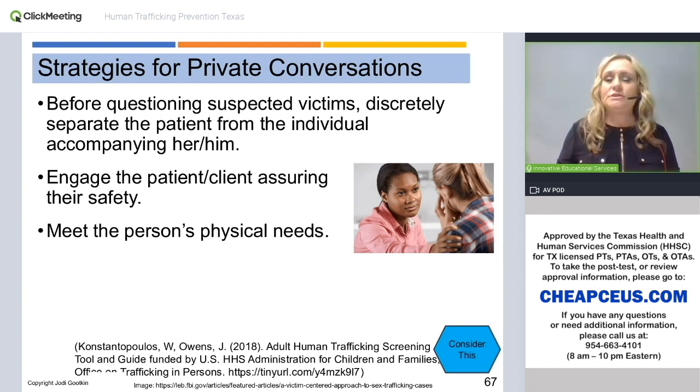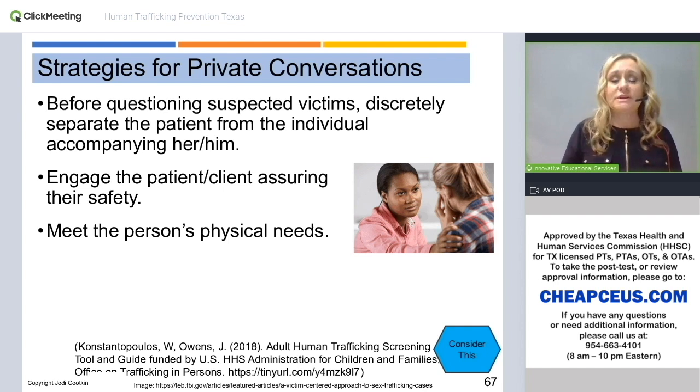You need to do this in a discreet manner, maybe by saying you need to take a urine sample or expose a particular area of the body that you can't have someone else present for, so that you can get them alone. When you're interacting, remember that you do want to reassure them of their safety. That is key. It's something that's lacking in their current circumstance, but do not make any specific promises.